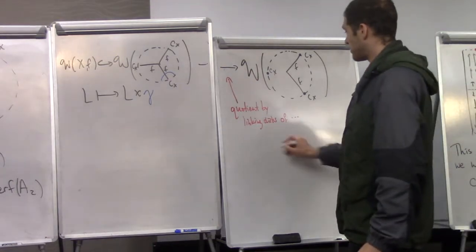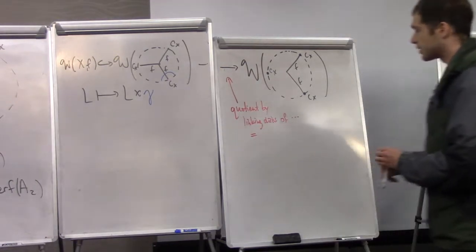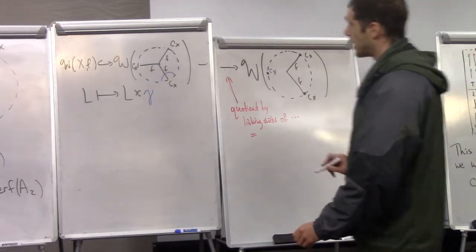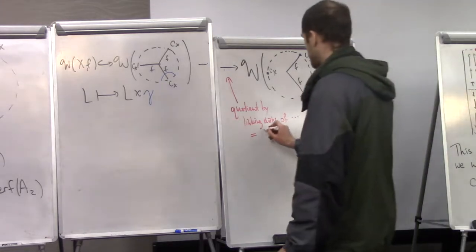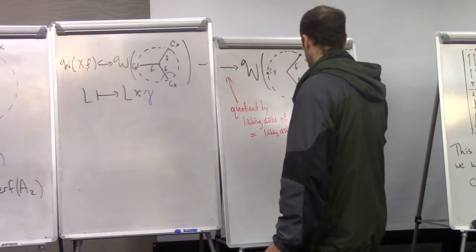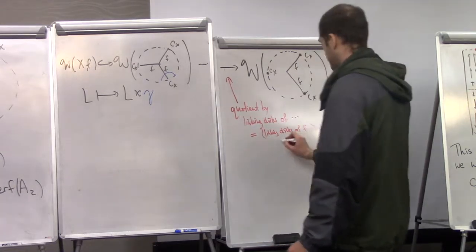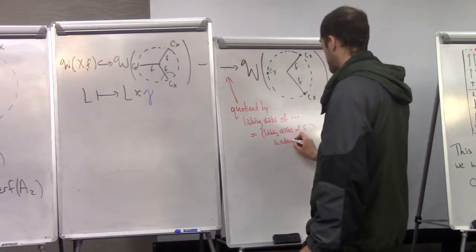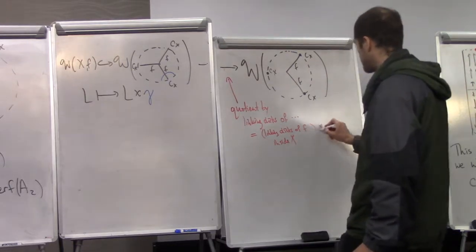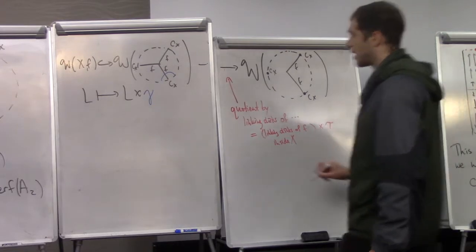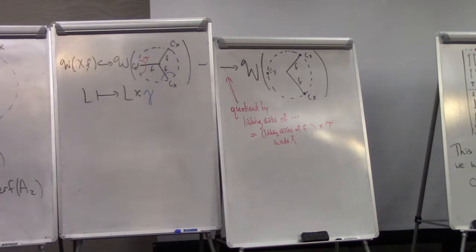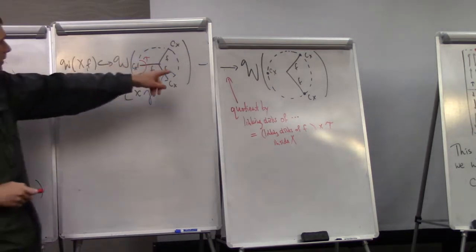Those are of course the same as the linking disks of F inside X times another curve called tau. This is tau. So that's the quotient by these objects.